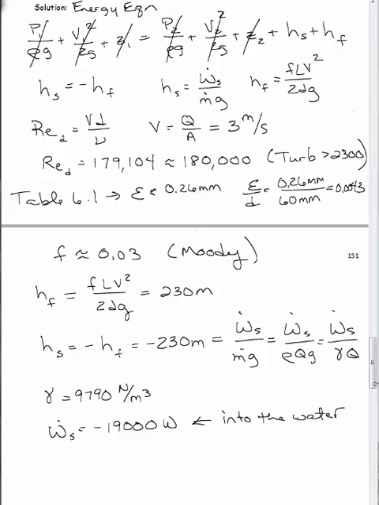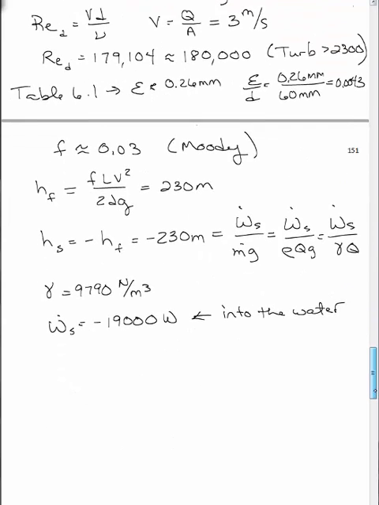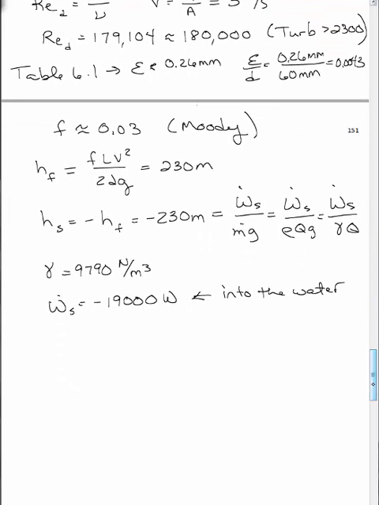Okay, what work you're actually having to put into the pump has to do with that efficiency. So our efficiency of the pump equals power to the water over power into the pump. So electric power, mechanical power.